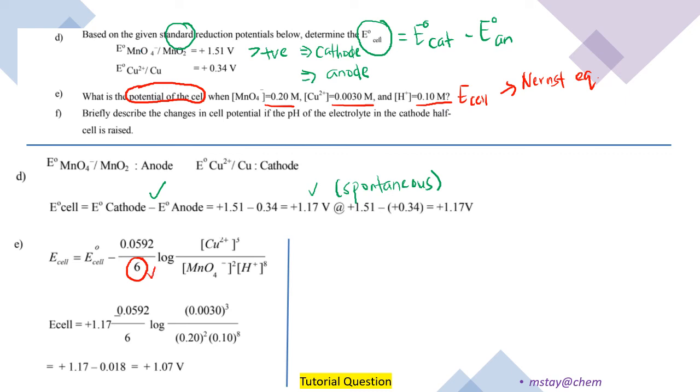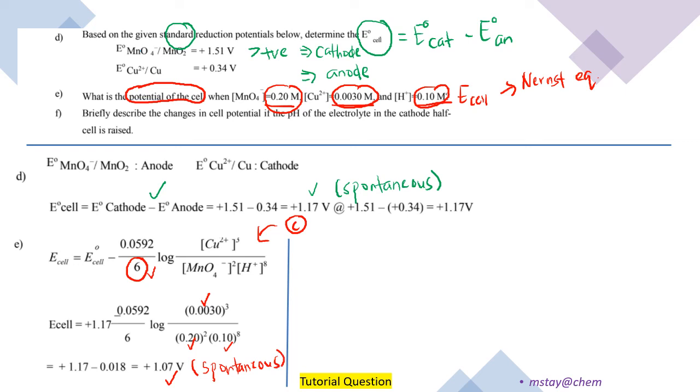Then the reaction quotient in part C can be brought forward here. Now you just substitute the values in. Cu2+ is 0.03 molar, MnO4- is 0.2 to the power of 2, while the concentration of H+ is 0.1 to the power of 8. Press the calculator, and you will notice that the E cell equals positive 1.07 V, and this reaction is still spontaneous because the E cell value is positive.